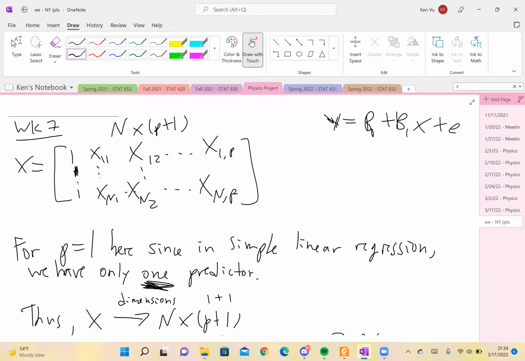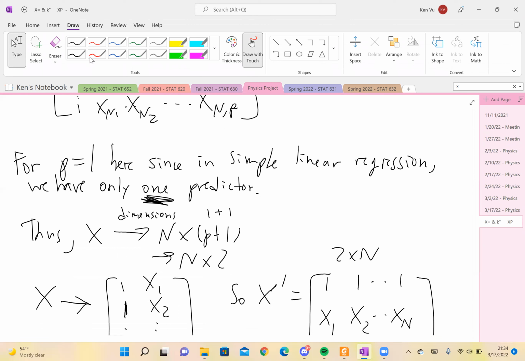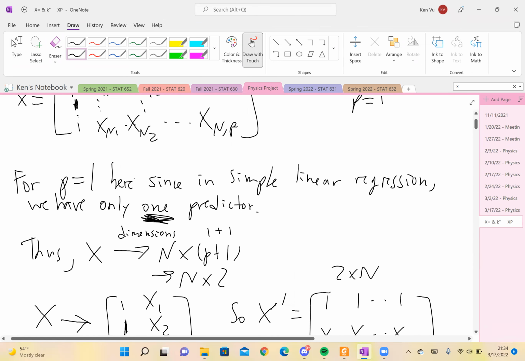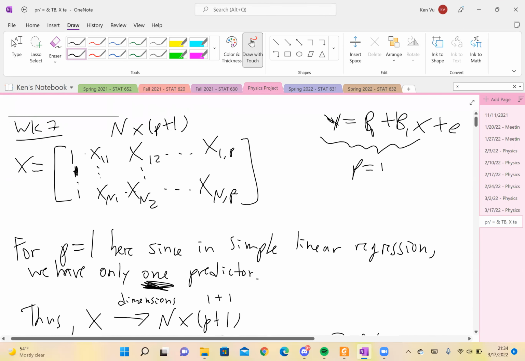And so you see here, this is essentially the equation of a line. In this situation our p would be 1, because there's only one predictor in this model, since this question is asking specifically for simple linear regression. So because p is 1, the dimensions of our X matrix would be n by p plus 1, or 1 plus 1, which gives n by 2, which means we will only have 2 columns.